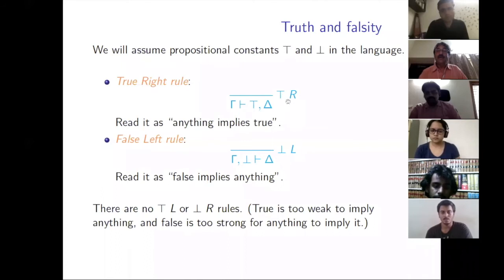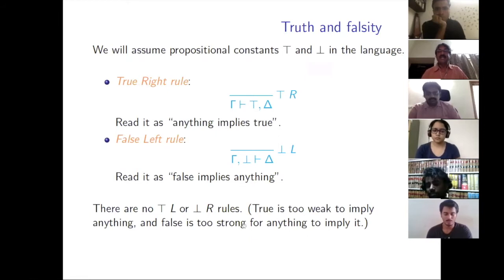So now you've got 2 propositional constants in the language, so you have to have a right rule and a left rule. First thing is there is no left rule for true or right rule for false. Basically, putting true on the left-hand side, well, true is too weak to imply anything, and false is too strong for anything to imply.